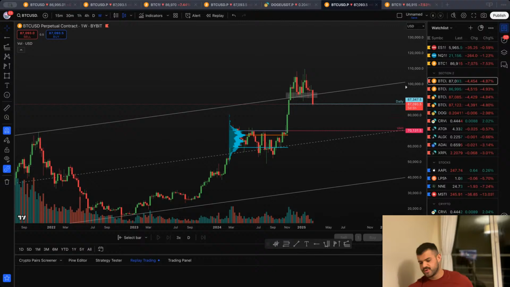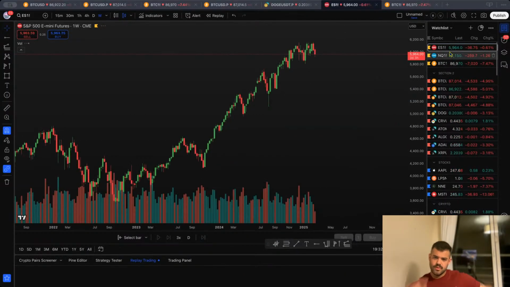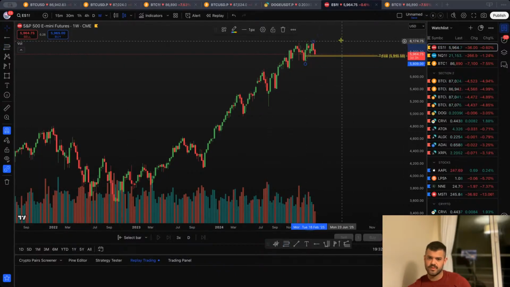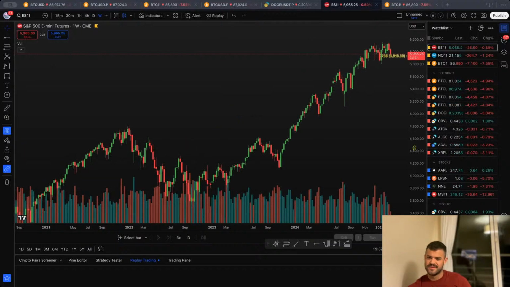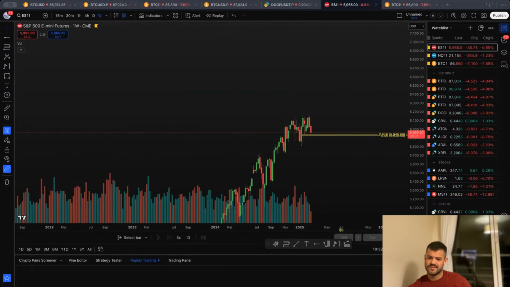So really we're going to have to wait for, so should we expect them to rise with Bitcoin in that case? So really we would have to wait for the ES to make a pivot in price. And to be honest with you, just from first glance, look at this pivot. It's pretty obvious, man.